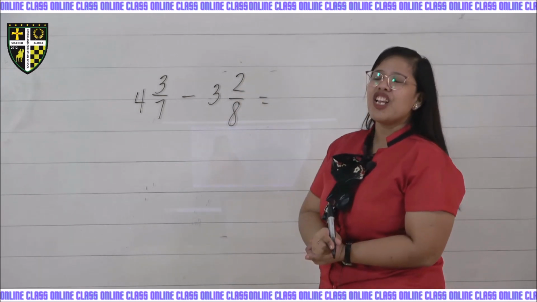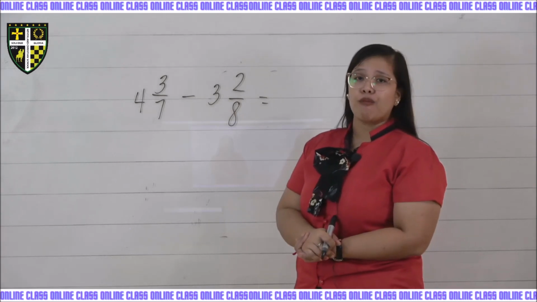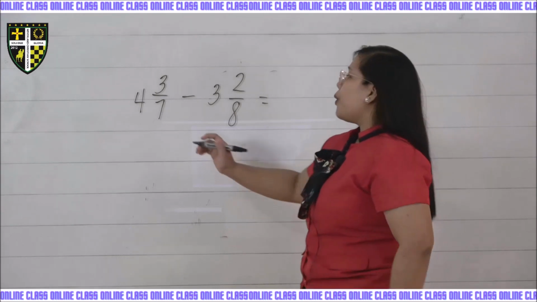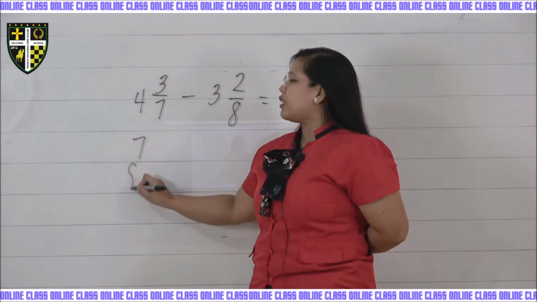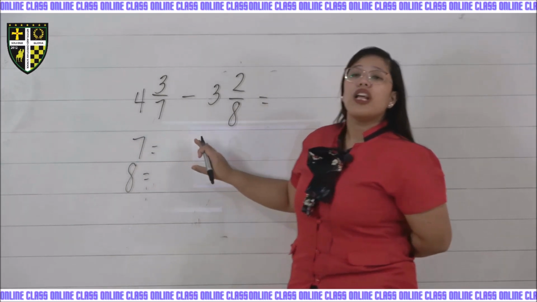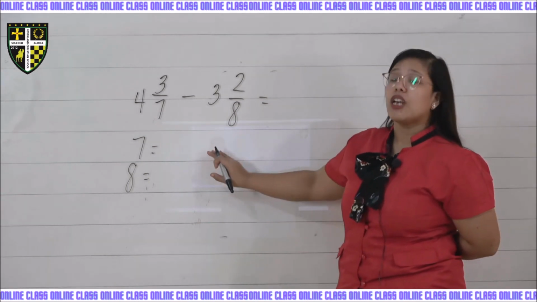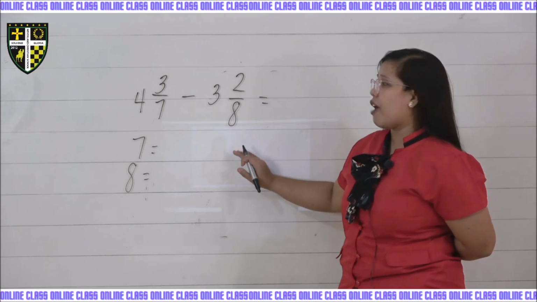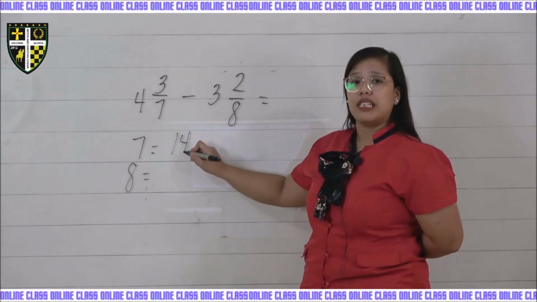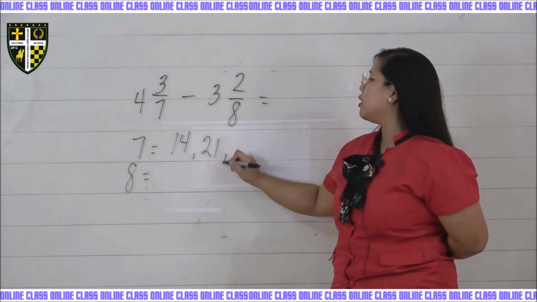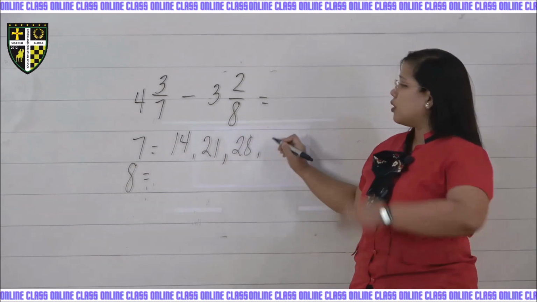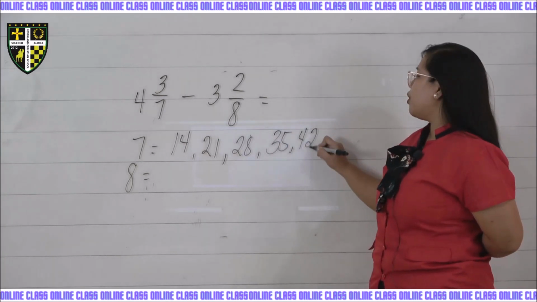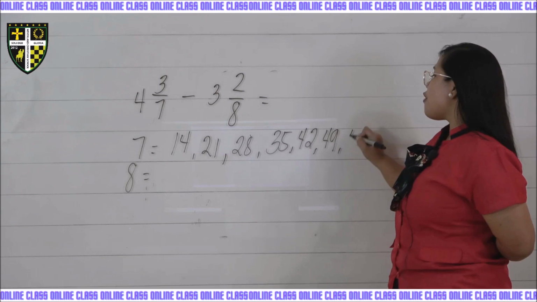So again, let's find the LCM or the least common multiple. We have the denominators of 7 and 8. So let's start first with 7. Let's list down the multiples of 7: 7, 14, 21, 28, 35, 42, 49, 56.